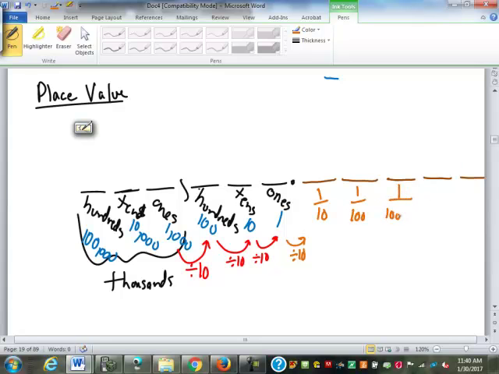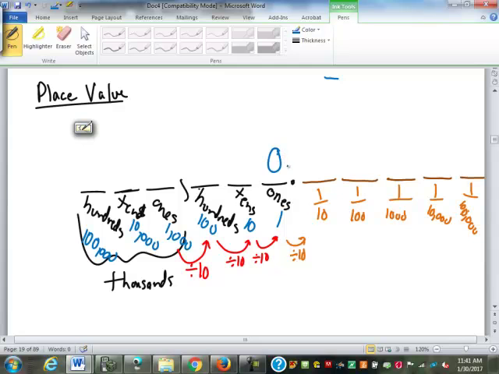And so on. 1/1000th. 1/10,000th. And 1/100,000th. And as you look at those place values, you might be thinking, those look suspiciously like fractions, because that's what they are. They are just a standard way of writing fractions with denominators that have multiples of 10.